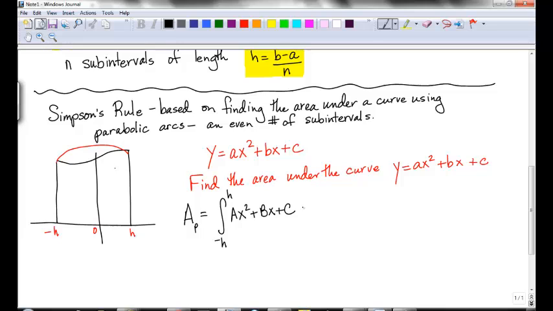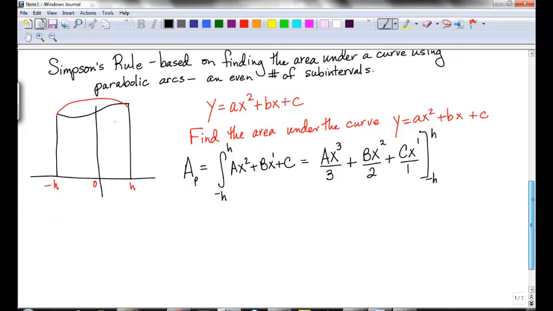So if you take the antiderivative, add 1 to the exponent and that makes x cubed, divide by 3, plus Bx, add 1 to this exponent, divide by the new exponent, so it'd be x squared over 2, plus, there is no x here, so that's like x to the 0, so it'd be Cx, add 1 to the exponent, divide by the new exponent. And then we're going to sub in, and we're actually deriving this formula, going from negative h to h.